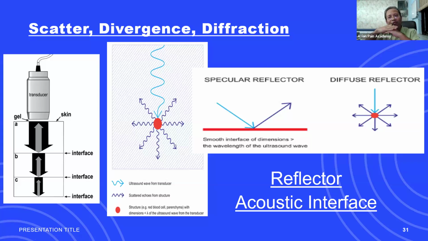No, in between is also a major interface, but inside the muscle also, every fiber has an interface between them, and that's why some amount of sound wave is reflected. We see not only the perimeter of the muscle, we see inside the muscle also the perimysium. So they also act as an interface.